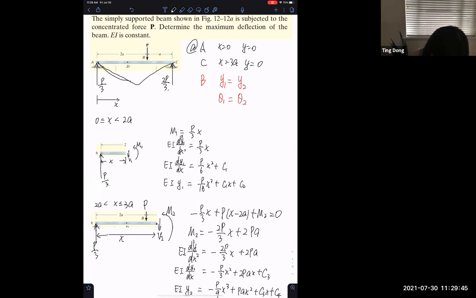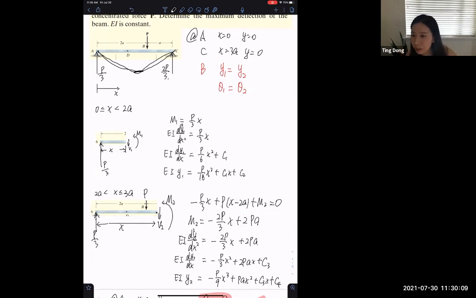Well, it's a smooth curve. I don't know how to draw it, but it's a smooth curve. So the maximum deflection point will also move to the right, but not move the same distance as P. So the maximum deflection point or the rotation equal to 0 point is the same thing. It should be between the middle point and B.